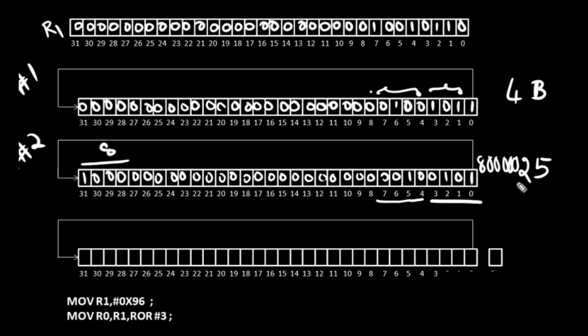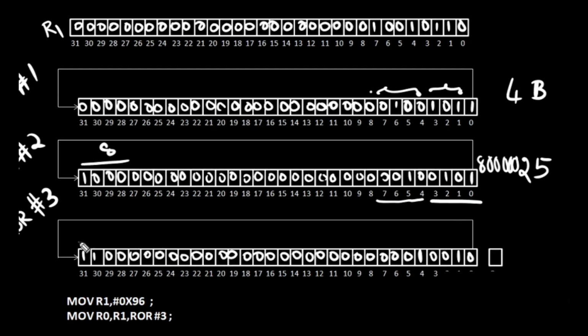This is the intermediate answer, but our answer is ROR #3 that we want, that is, rotate right by 3 bit positions. So what will be the answer? 1 1 0 0 here, and in this case you will get 0 1 0 0 1. All this will be 0.